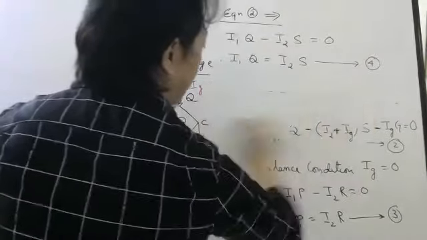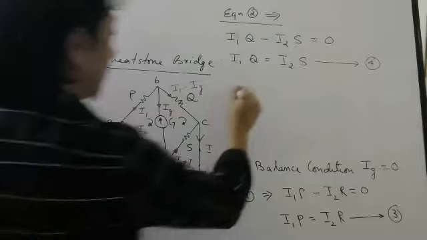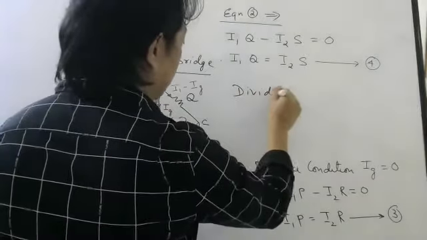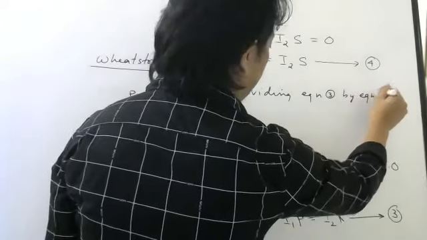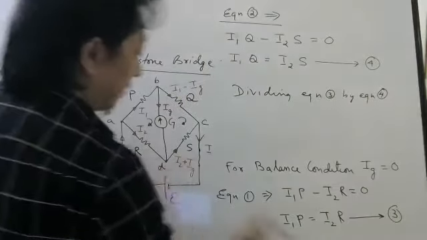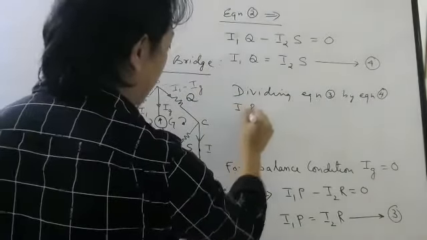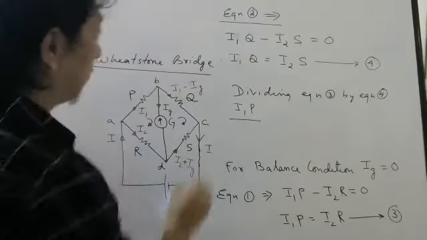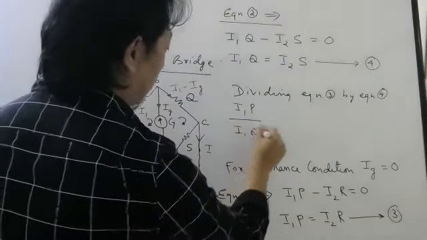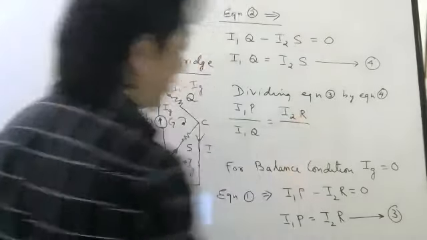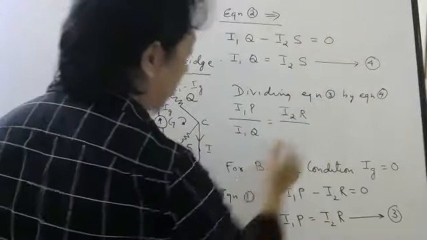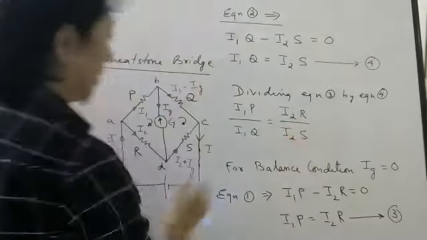So let us divide equation 3 by 4. What will we get on the left side of equation 3? I1P divided by the left side of equation 4, I1Q. The right side is I2R, divided by I2S.